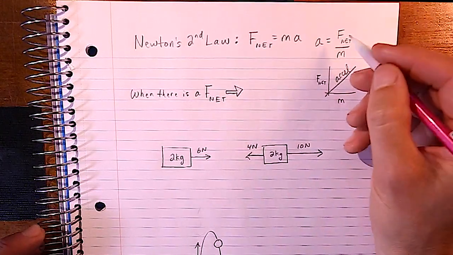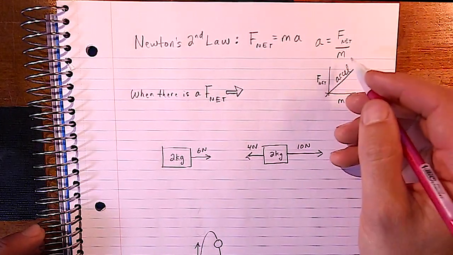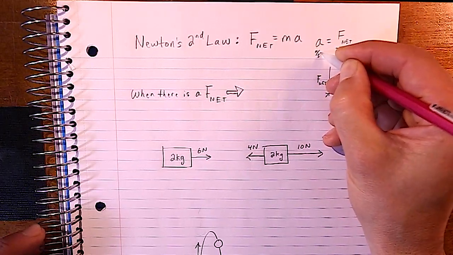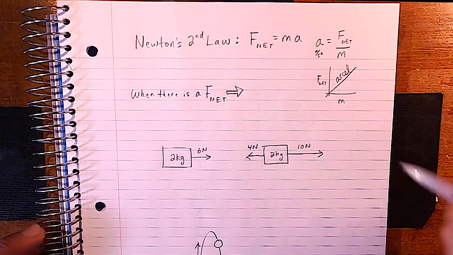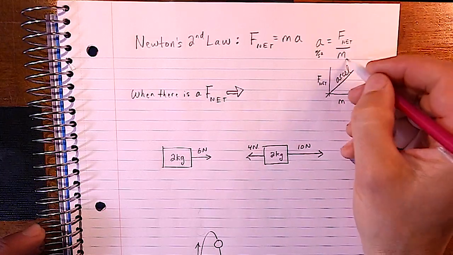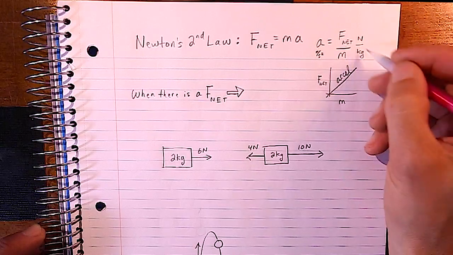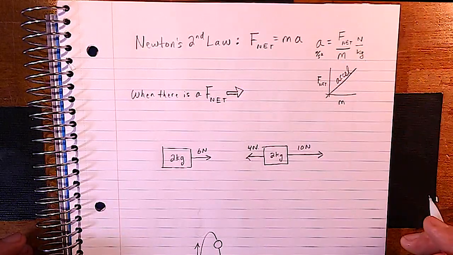The other reason this is useful is because the units aren't always given as meters per second squared. Acceleration is meters per second squared, but the unit can also be newtons per kilogram. A newton per kilogram is a meter per second squared.